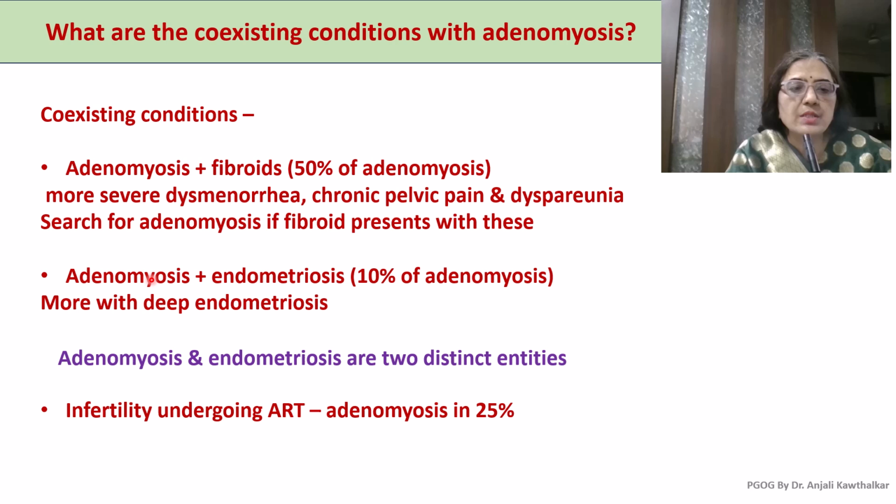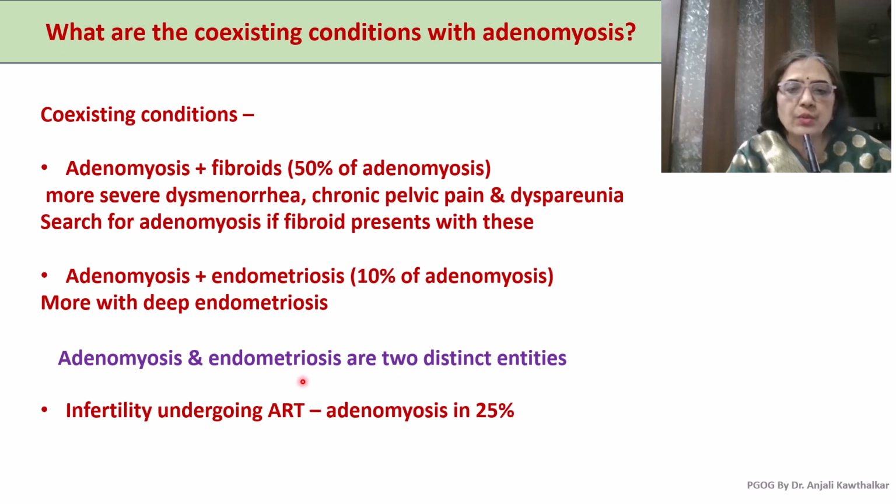The second condition coexisting with adenomyosis is endometriosis. In 10% of cases of adenomyosis, there is a presence of endometriosis, and adenomyosis is more commonly present whenever there is deep endometriosis rather than superficial endometriosis. Again, to stress once again, adenomyosis and endometriosis are two distinct entities.